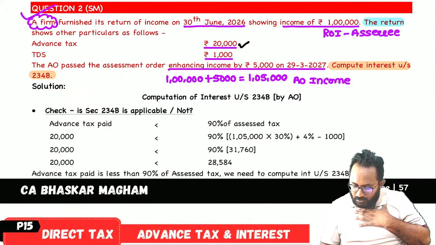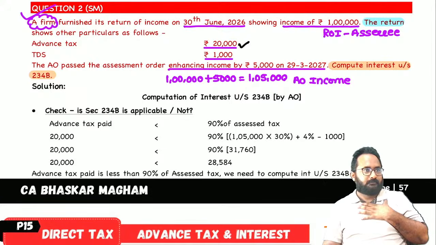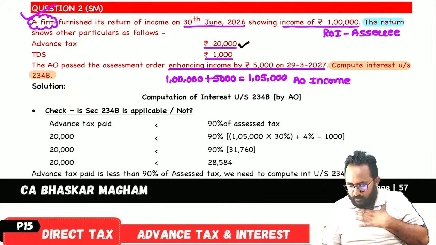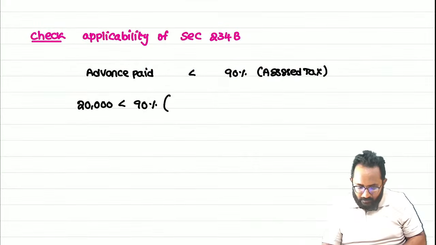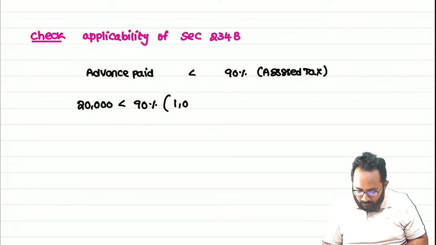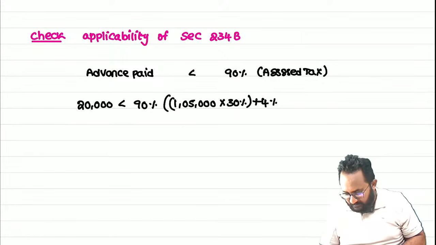That's why we have to take the AO determined income related tax. What is the AO income? 1,05,000. What is the rate of tax for the partnership firm? 30%, plus 4% health and education cess.